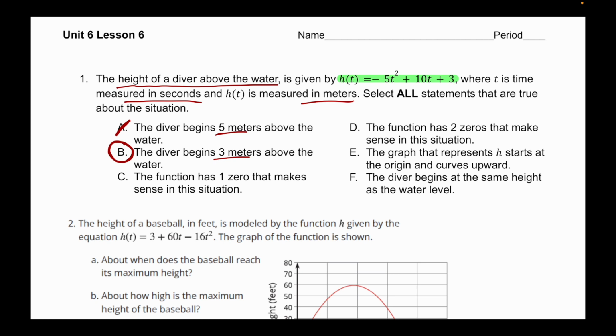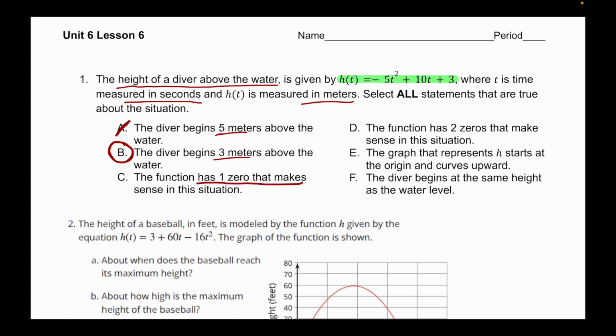We have options C and D, which are talking about the number of zeros. So let's talk about what a zero is after we read through these statements. Option C says the function has 1 zero that makes sense. And makes sense is important because we have to take into context. Option D says the function has 2 zeros that make sense.